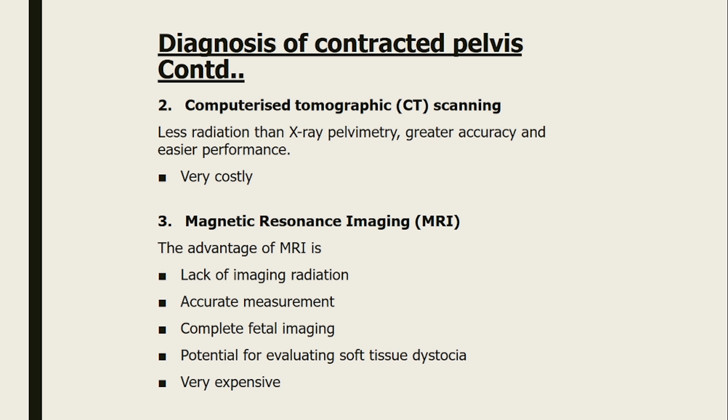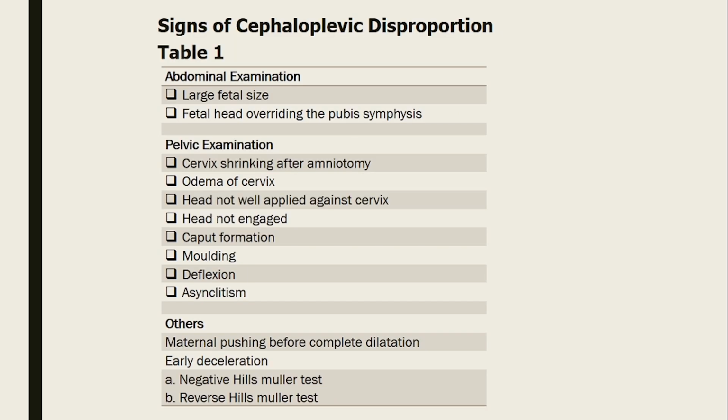You can easily make a diagnosis, or even of the anterior abdominal wall with magnetic resonance imaging. And again, it can be used for potential evaluation of soft tissue dystocia. We have said the passage has soft tissue components and a bony component. But the problem with MRI too is that it is even more expensive than computerized tomography scanning. Very expensive, but it has a lot of advantages over that.